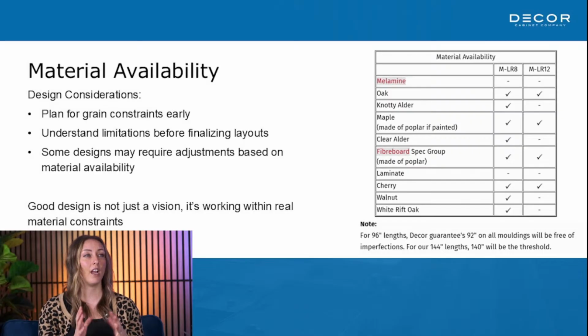So looking at the height of their ceilings is really important, and the look that they're going for. And if they want that light color, how can you achieve that? Or if they like a certain species, how can you achieve that? And really putting out there that we are going to have seams.